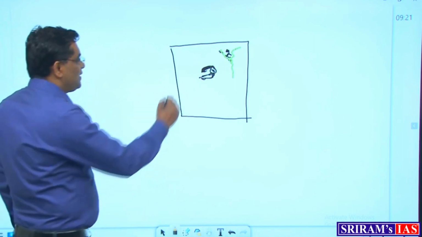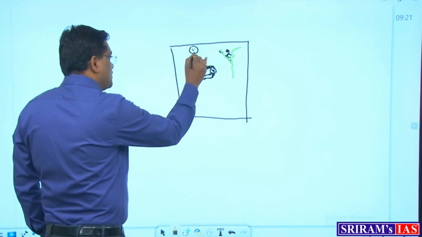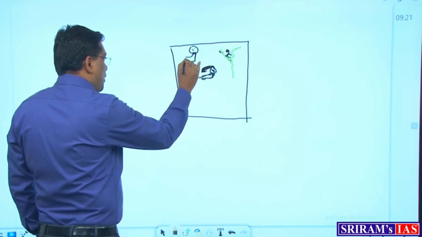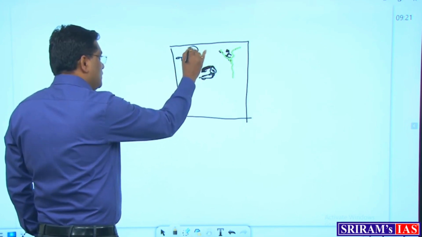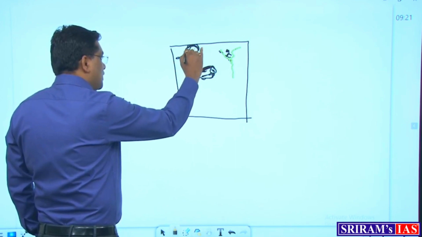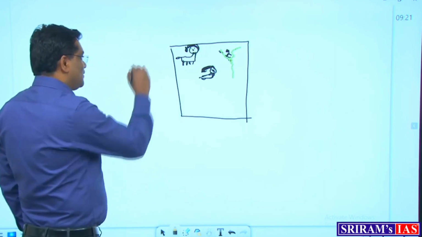And then there is a mythical animal whose head is that of a human and body is like a goat. Man goat, Admi Bakra. So this is man goat.